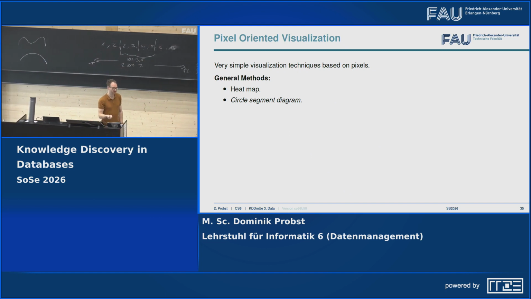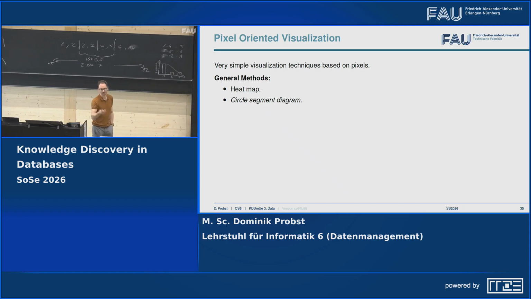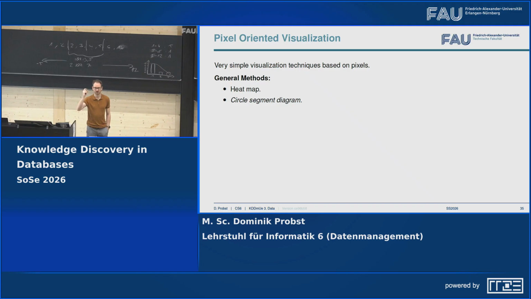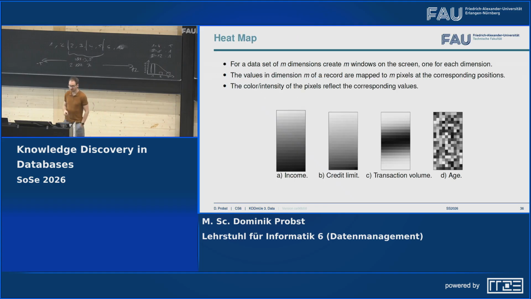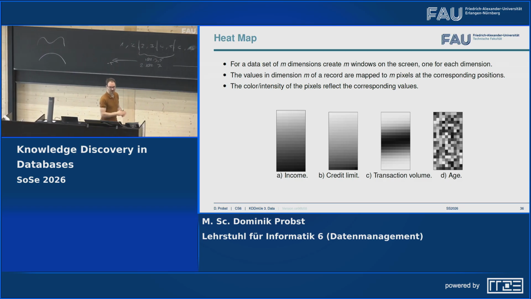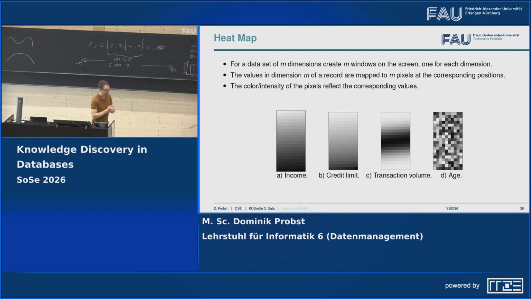Basically, pixel-oriented visualization techniques are simply based on pixels. So we use a pixel to display some kind of density or things like that. For heat maps, we simply can take a look at some heat maps.